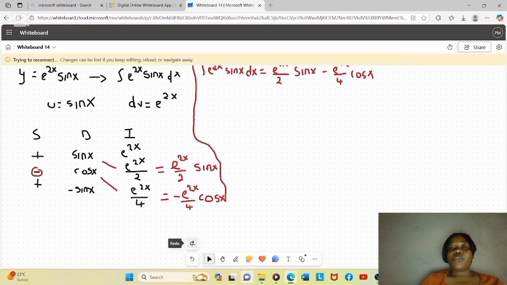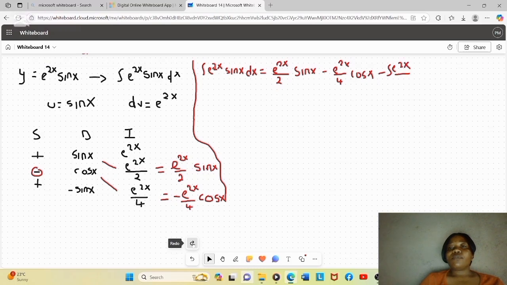None of the functions in the last row is equal to 0, which means we have the integral value. Our integral value is negative the integral of e to the power 2x over 4 times sine x dx. We take the integral to the other side, then we'll be left with 5 over 4.